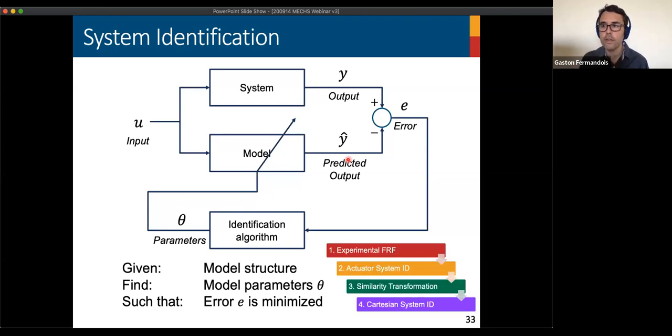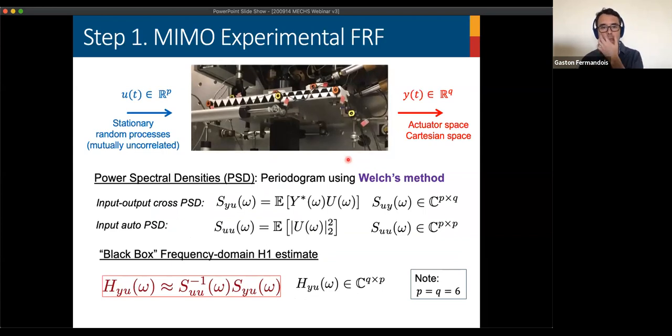And this is conducted through a series of steps. First, we conduct an experimental FRF test. Then we can conduct system identification in actuator space. Through similarity transformation, we can turn everything to Cartesian space, and then we can get a model in Cartesian space. So the first step basically consists in creating a stationary random process in Cartesian space.